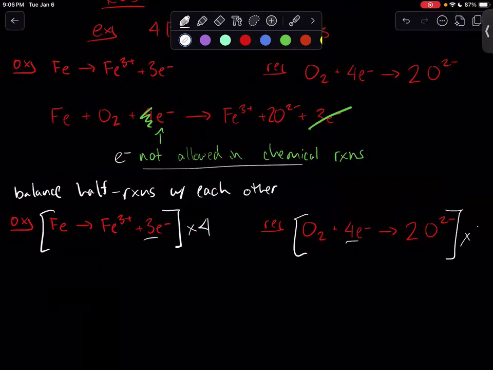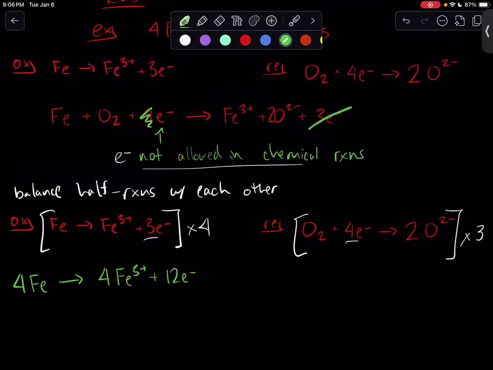Similarly, I'll multiply our reduction by 3. So my new reaction is 4 Fe reacts to form 4 Fe³⁺ plus 12 electrons. My reduction reaction now becomes 3 O₂ plus 12 electrons to form 6 O²⁻.